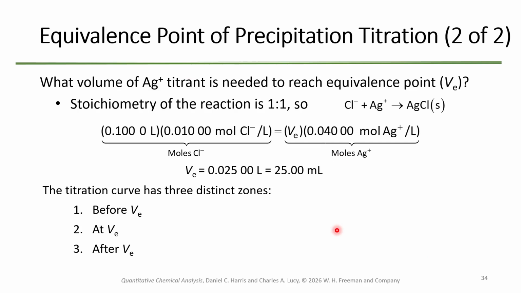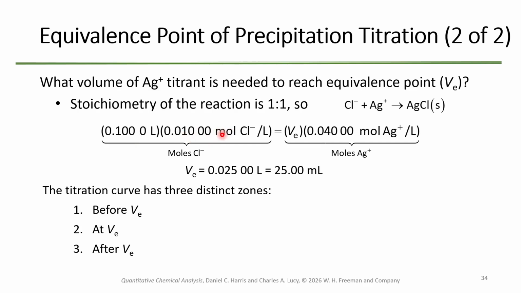Now, what volume of silver titrant would actually be needed to reach the equivalence point? The VE, the volume at the equivalence point. This is the stoichiometry right here. It's 1-to-1 stoichiometry. Everybody see that okay? So if we did the 0.1 molarity of the chloride and 0.04 molarity of the silver, we put in our volume. So we have the volume 0.100 liters of the chloride and its concentration.